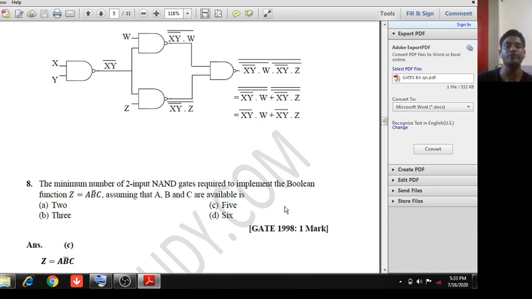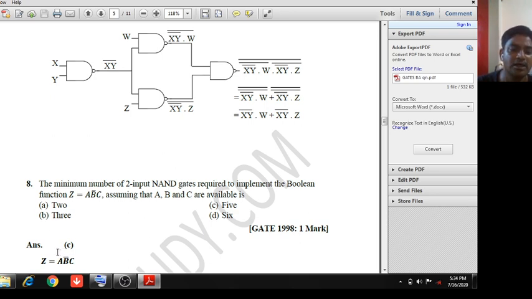Next question: what is the minimum number of 2-input NAND gates required to implement the Boolean function Z equal to A B bar C, assuming A, B, C are available? Again it is saying that A bar, B bar, C bar are not available. So just apply De Morgan's theorem. Take the double complement, but remember you require only dot, not plus.